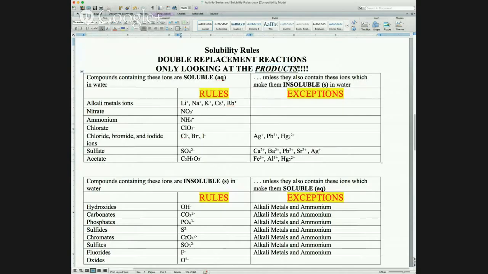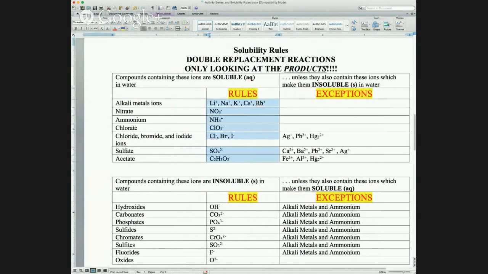So the rules, if you're looking at the products and the compounds and you see one of these ions, the rule says that they would be a no, okay? So the no's are going to be red. Basically, these are all no's over here. The rules say no to those ones.